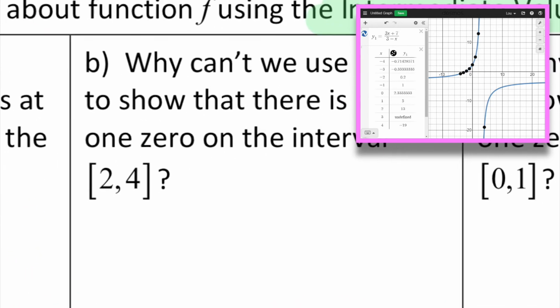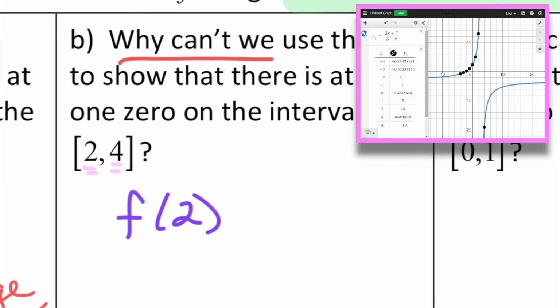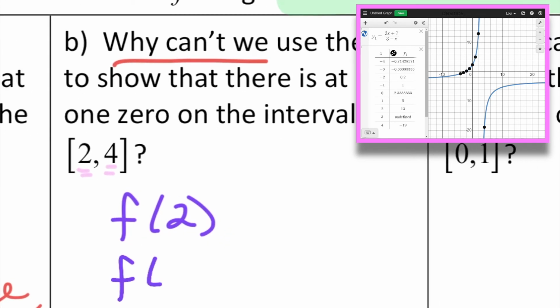In part B, it says, why can't we? And again, you want to look at the 2 and the 4 and say, okay, these are x values. And so I want to look at f of 2 and f of 4. f of 2 is 13, so that's positive, and f of 4 is negative 19, that's negative.